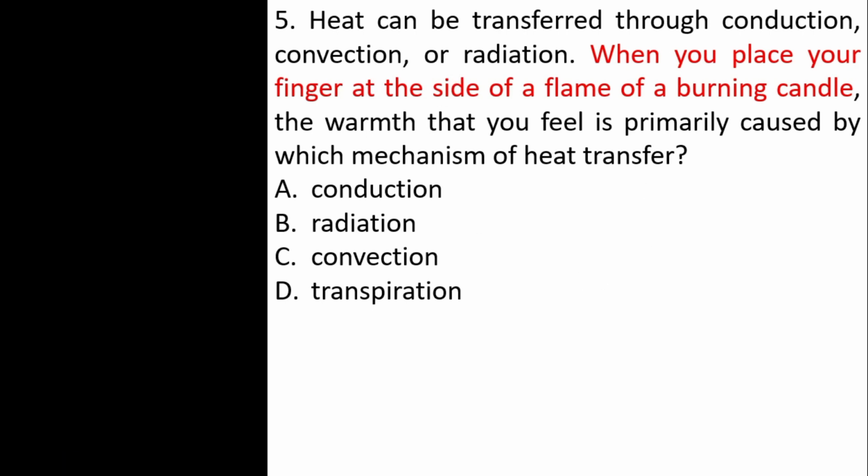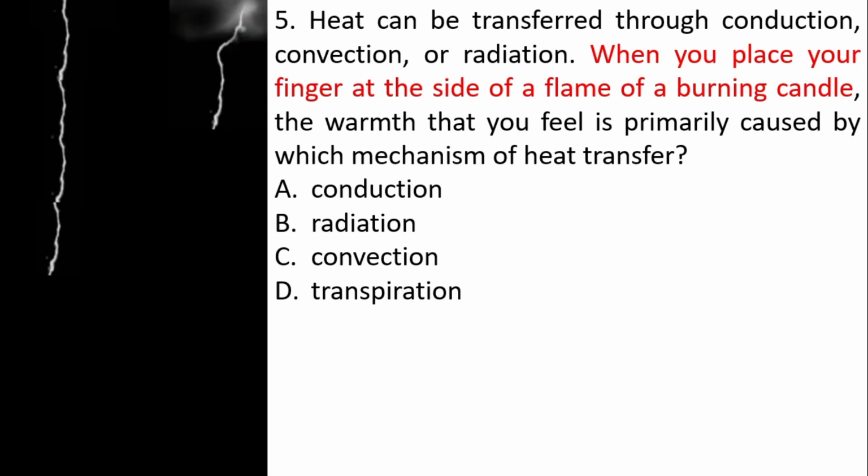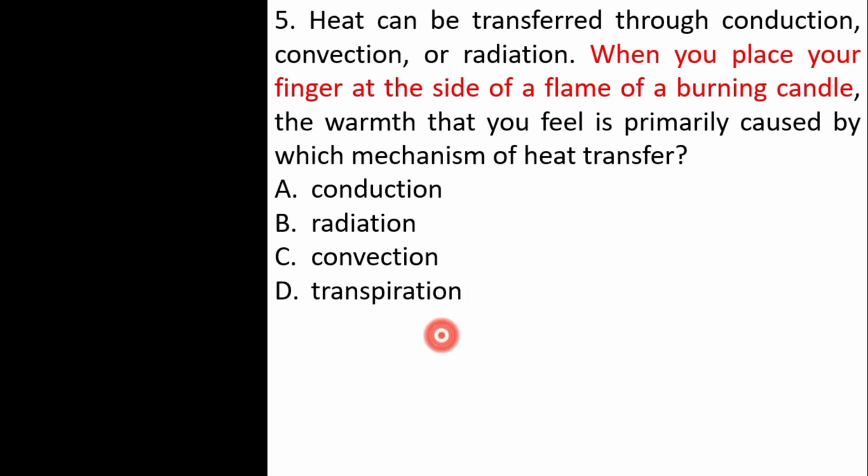Convection, the heat transfer is via liquid or gas, any fluid material. And then radiation, heat transfer can be done although there are no particles for the heat to travel, only vacuum.